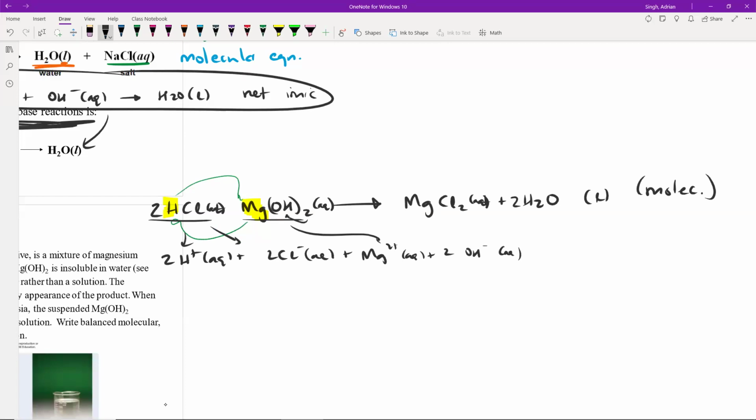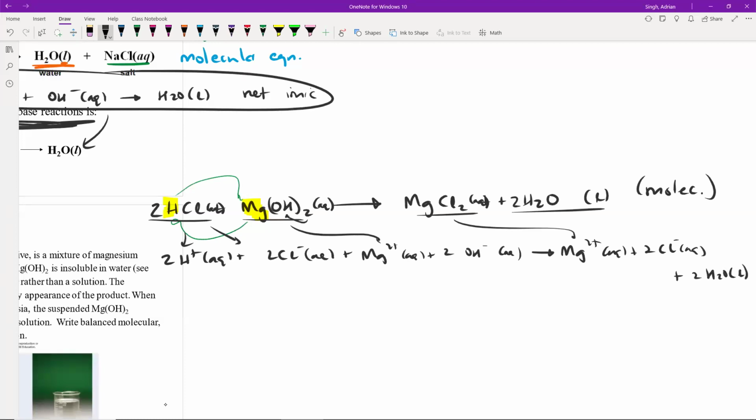Then MgCl2 gives me my Mg2 plus and my 2 Cl minuses. And then my H2O, water as a liquid, stays the same: 2 H2O.